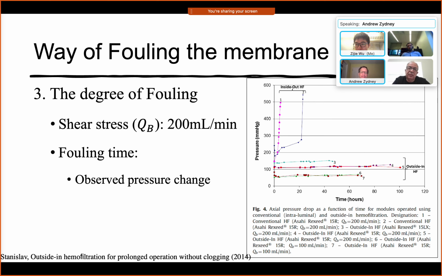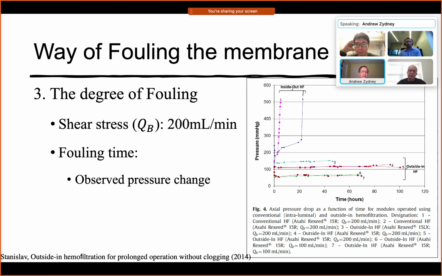I see. Yeah, blood cells clog and there's thrombus and things like that. So there you will get membrane fouling, but membrane fouling will have very little effect on the pressure drop between the inlet and outlet, because the thickness of any fouling layer on the membrane is much smaller than the inner diameter of these fibers. I see.